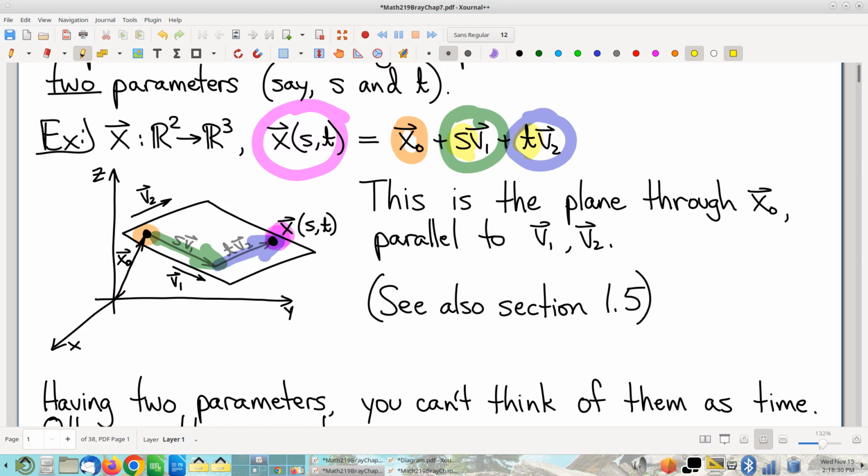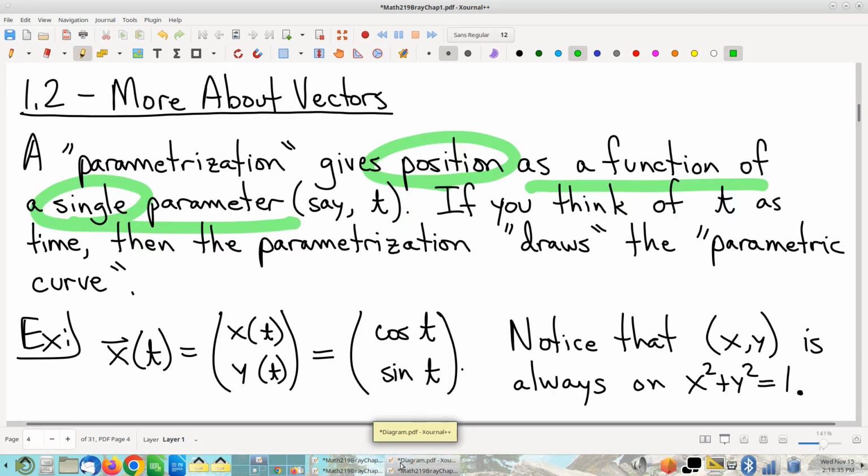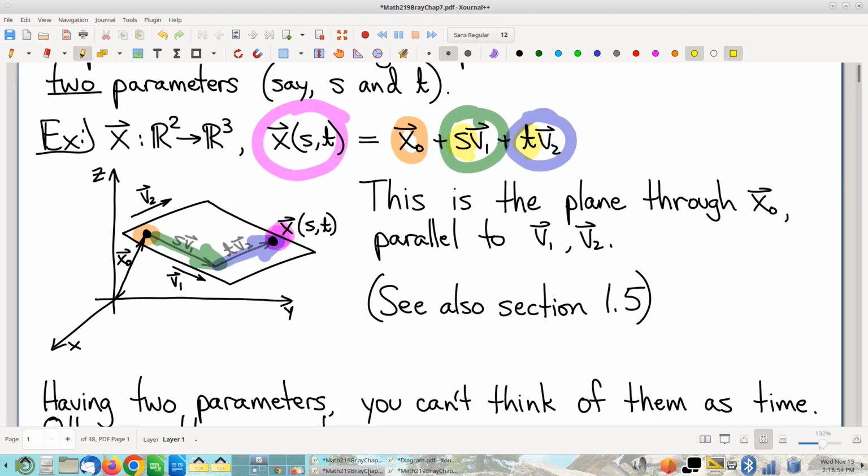Now, there was a particular metaphor that we used back in chapter 1, and the idea of the metaphor here was that you can think of the parameterization as kind of drawing the curve. I mean, think of t as being time, and then that position as a function of time literally traces the curve like you're drawing it with a pencil. And we don't really quite get that here because there are two parameters.